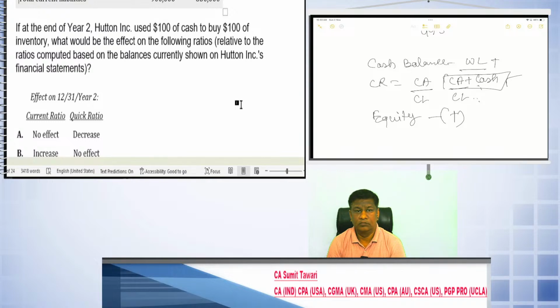In case of current ratio, there will be no effect. What about quick ratio?